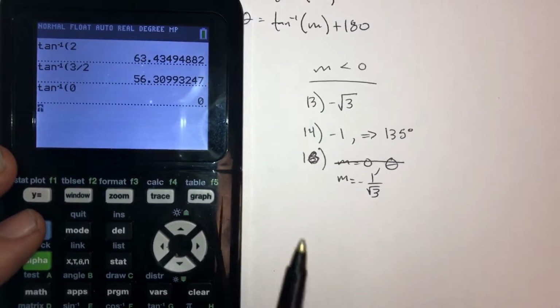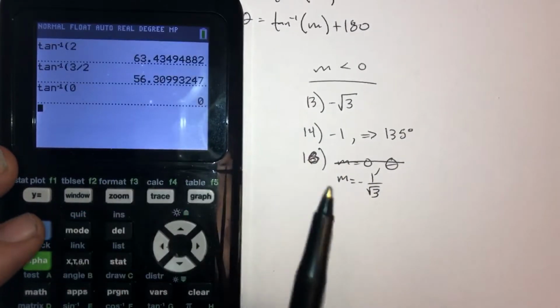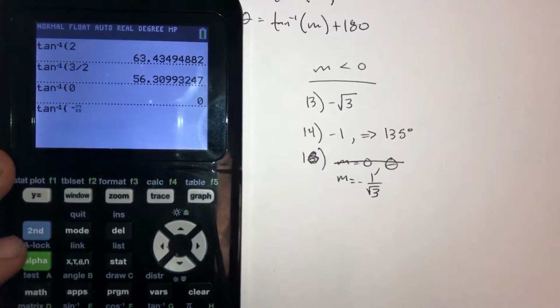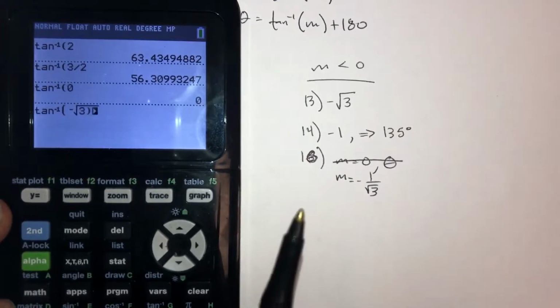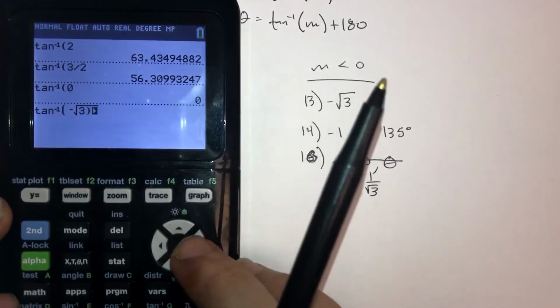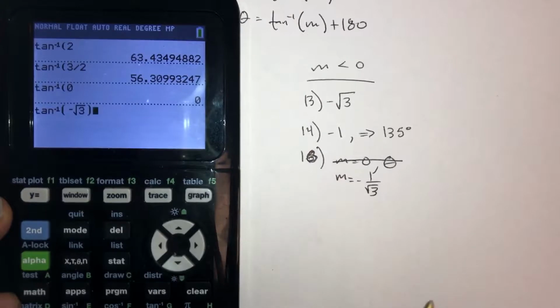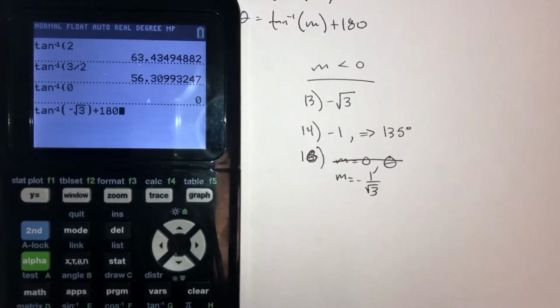So I'm going to do tangent inverse of negative square root of 3 plus 180.